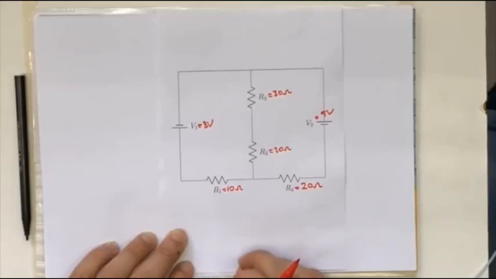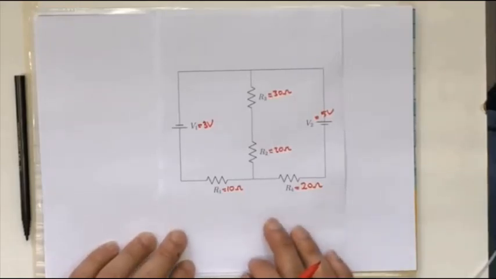We will apply Kirchhoff's laws to solve this circuit. Let's remind ourselves of the laws. The first law is the junction law, and the second law is the loop law. We will first apply the junction law, which states that the total current entering a junction will be equal to the total current leaving it.